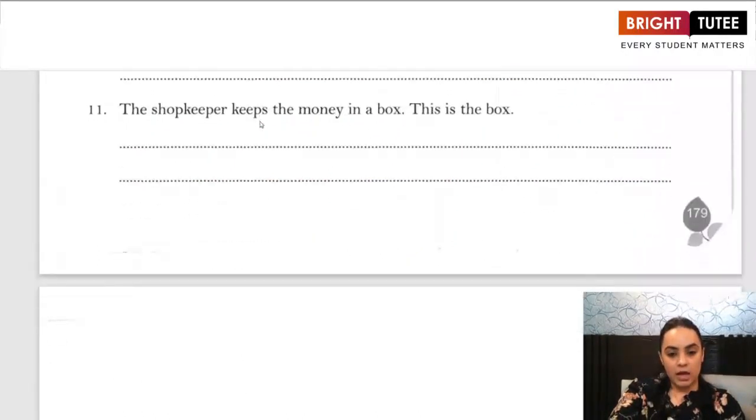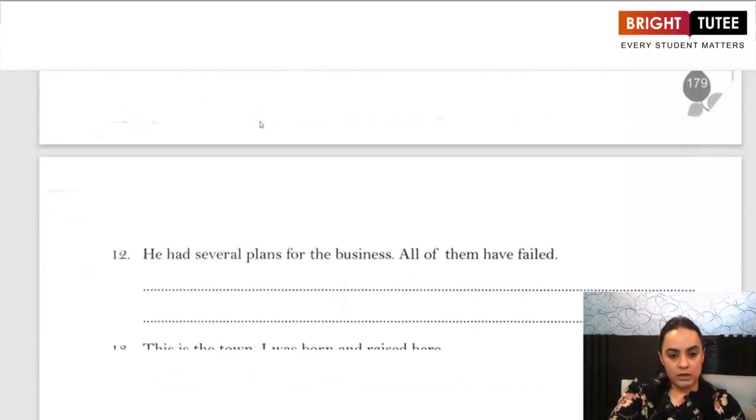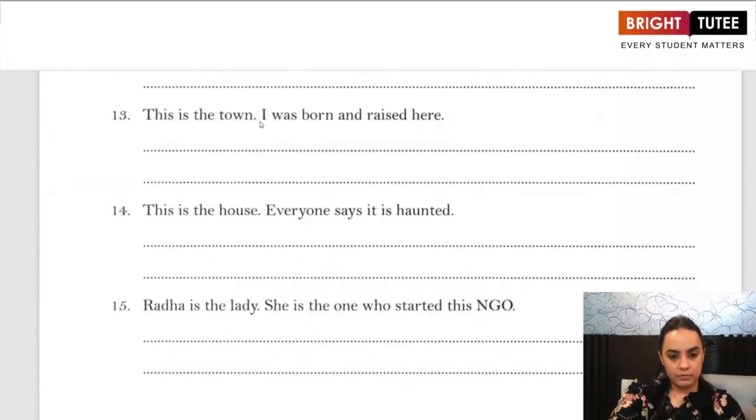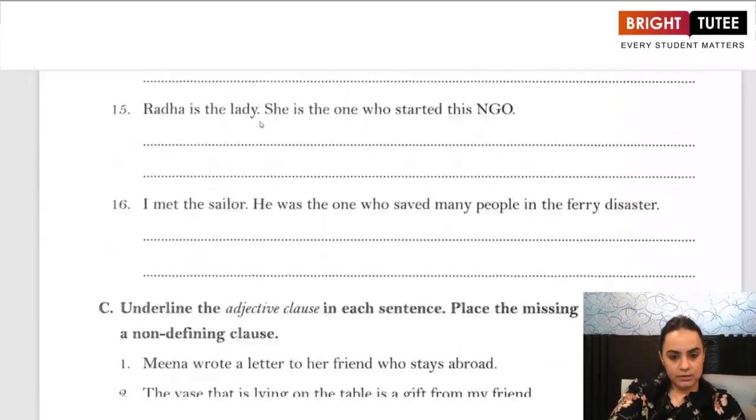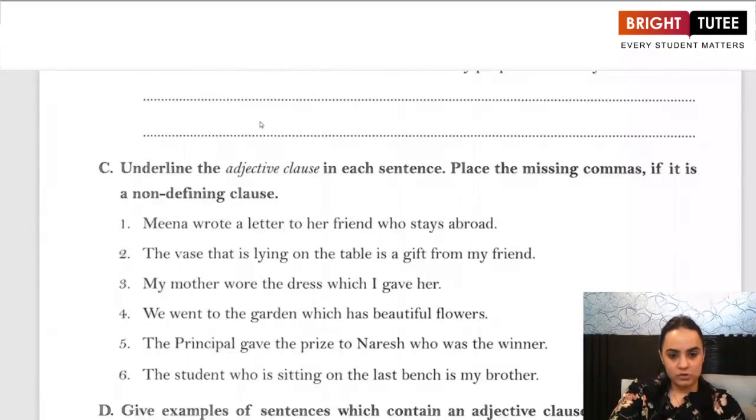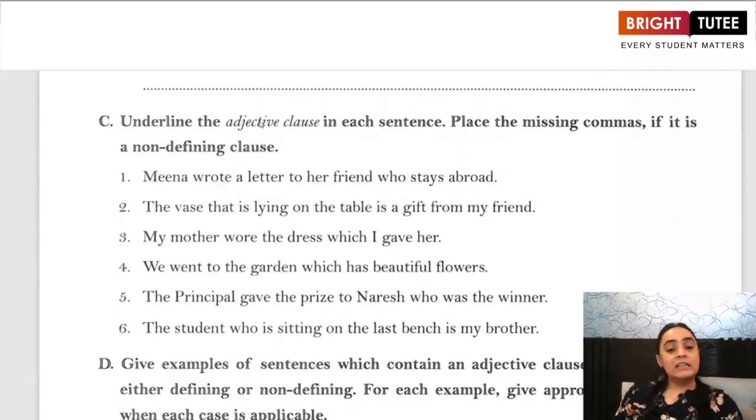Alright? Now we have, let me see, yes. So the next question is, underline the adjective clause in each sentence and place the missing commas if it is a non-defining clause. So if the clause is non-defining in nature, you have to put a comma.